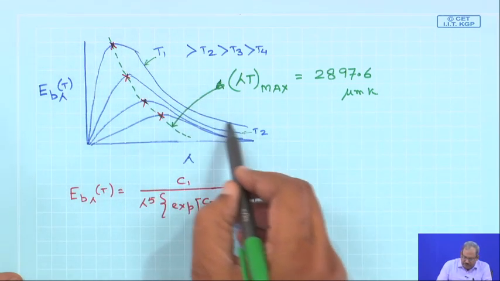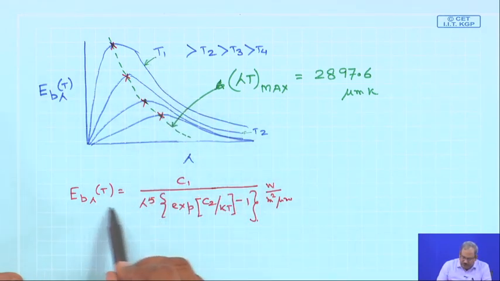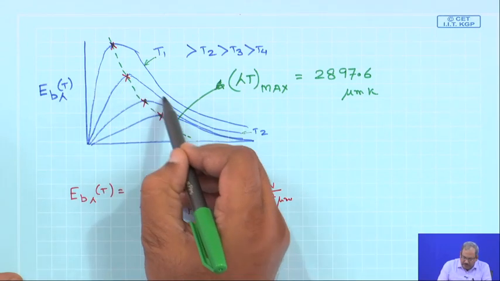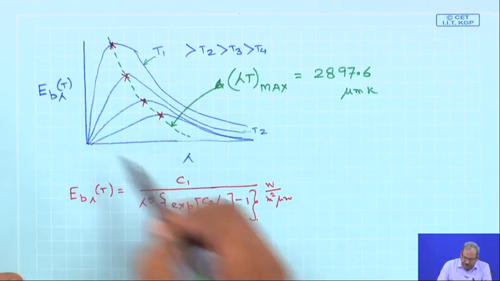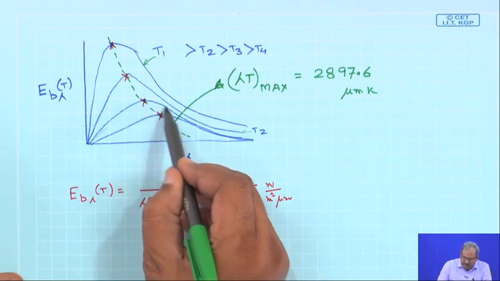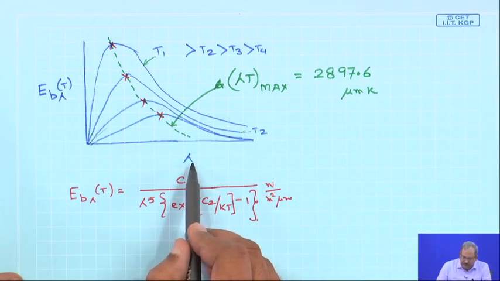This is its variation. Then I fix the temperature at T2 slightly lower than T1 and compute this function once again, and this is what I am going to get corresponding to T2. Then T3, which is less than T2, this is the distribution of E_b lambda T as a function of lambda.